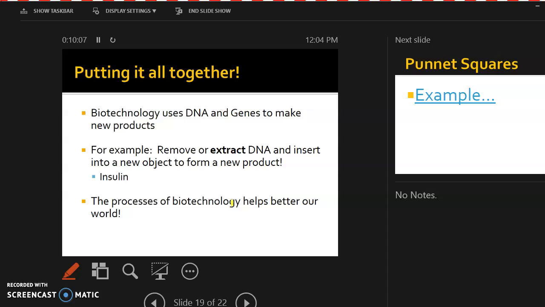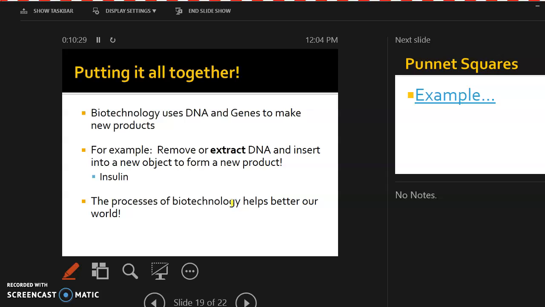All right, so how does this all kind of come together? Biotechnology uses DNA and genes to make new products. Okay, when we talk about genetically modified organisms, we're talking about using their DNA to change it and modify it to make a better plant.